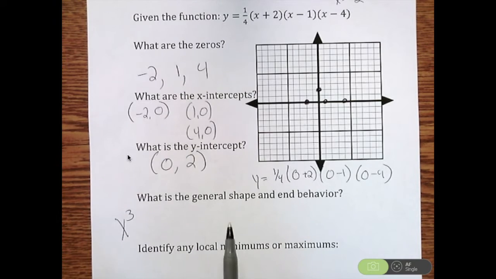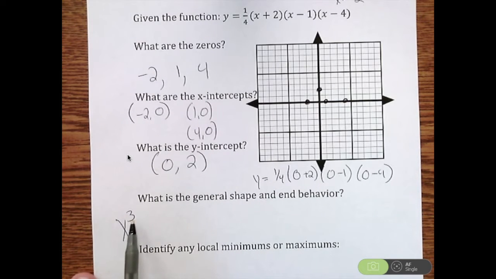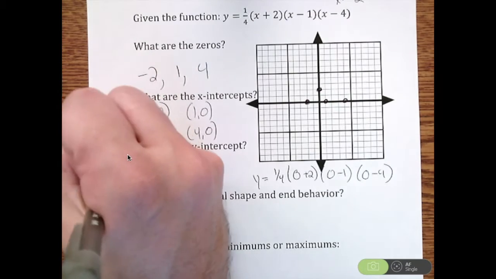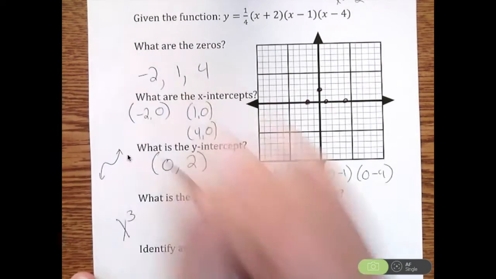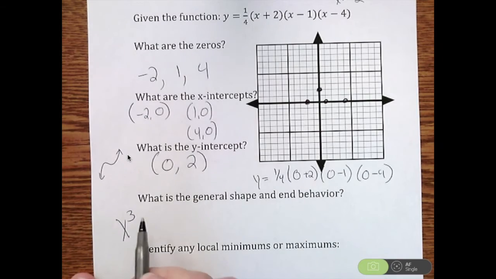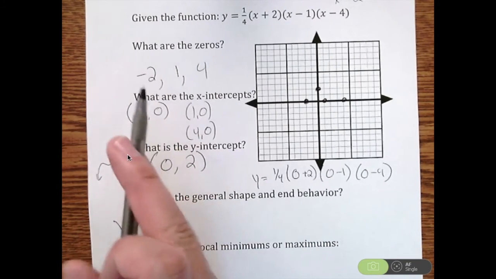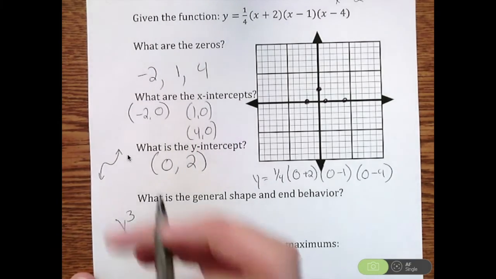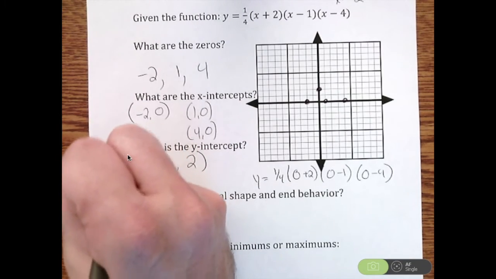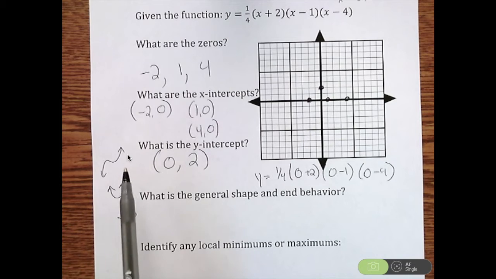And what we talked about in class is when the degree, which is the highest power, when it's odd, you're going to get an S shape, something like that. If the number of zeros was even, so say if I had 4 zeros there, it would be x to the fourth, you're going to get a U shape. So right now, I know it's going to be some sort of S shape.